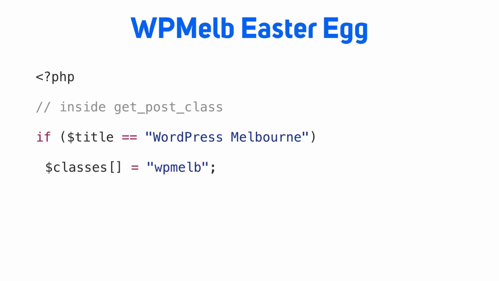It's the same sentiment held for all open source projects. So just for the purposes of the demo tonight, I'm going to start with something simple, hacking core to put in a WordPress Melbourne Easter egg. It would never make it into core. It's more plugin territory, really.